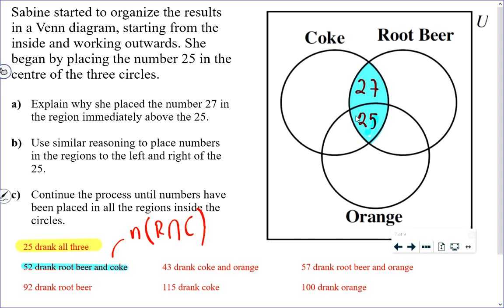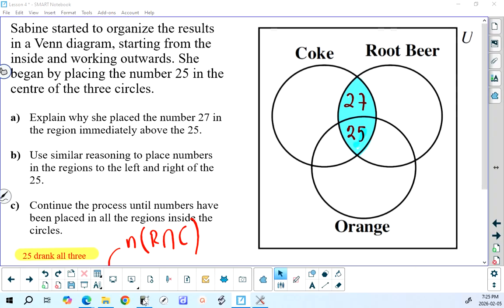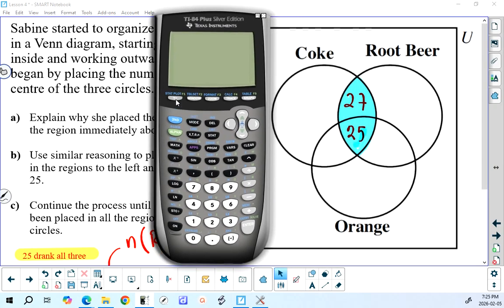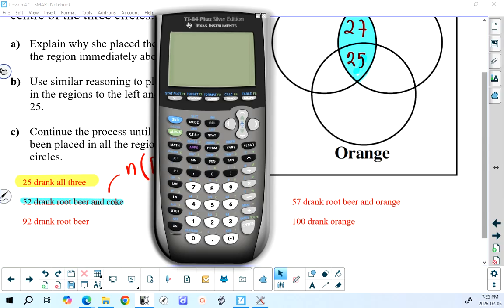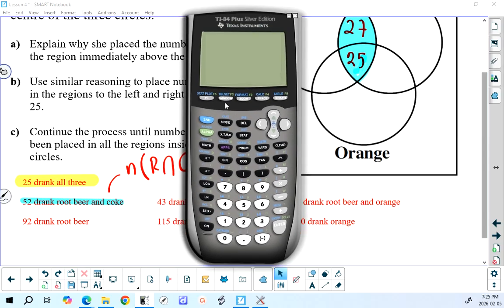And in case you're not seeing it, if you take 52, grab my calculator, there it is, and say to yourself, well, 25 are already in the bottom part of that intersection.